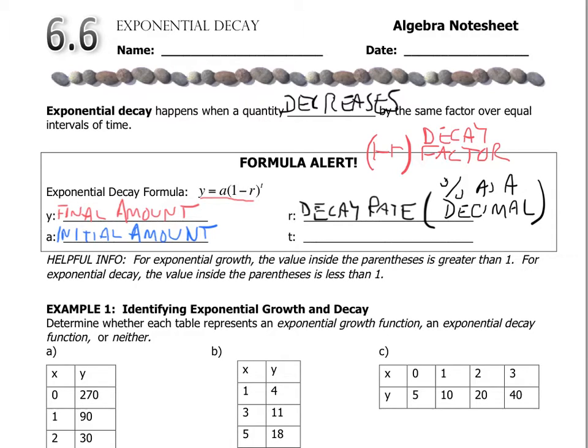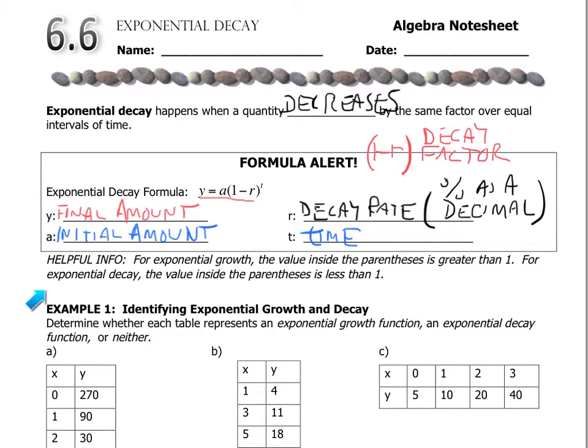Rate is saying how much we are changing each year. Decay factor is holding on to what we had minus what we are losing each year. And t stands for time, usually in years. Notice that when we talked about exponential growth, the value inside the parentheses is always greater than 1.